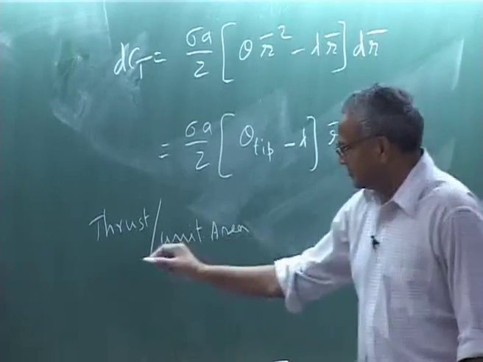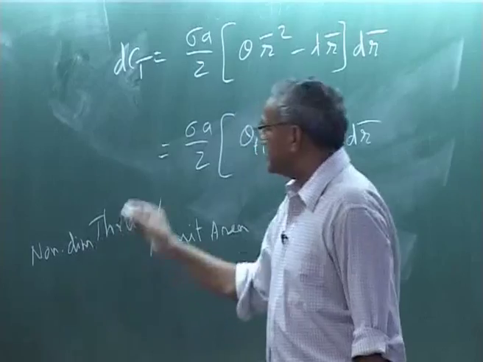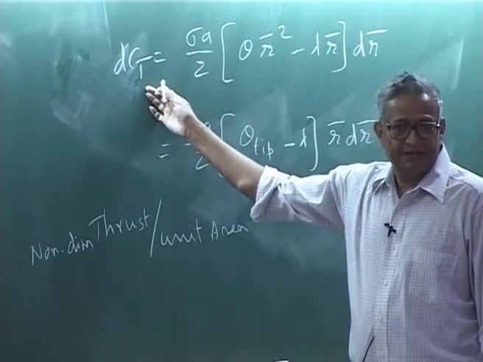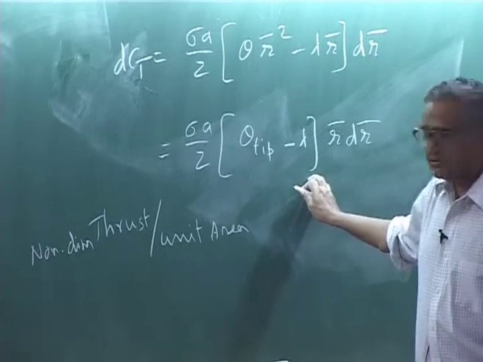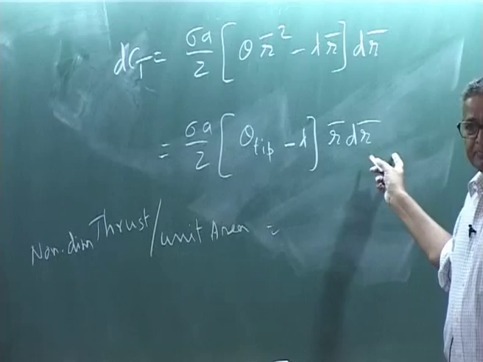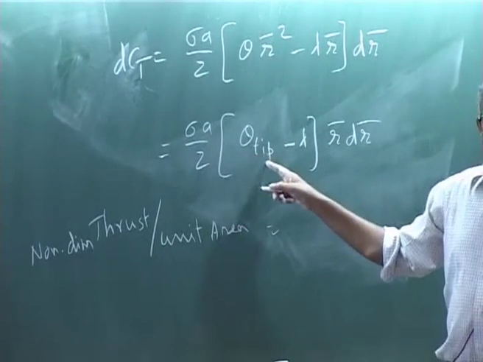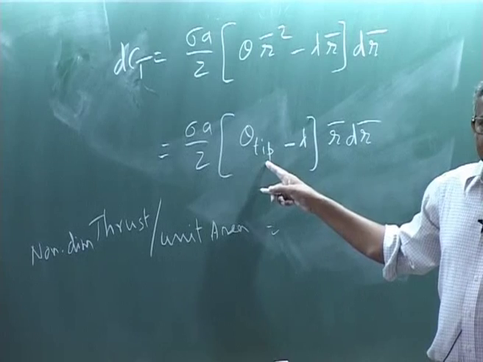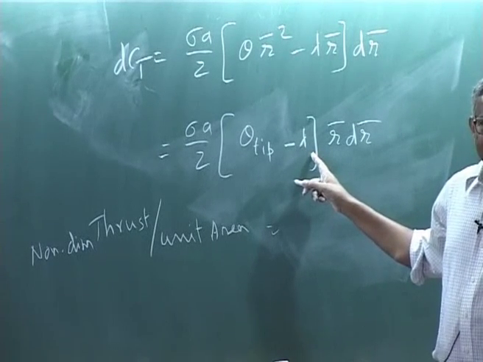Area is non-dimensional, please note I am using non-dim. Non-dimensional thrust, this is the thrust. If I divide by 2 pi r bar dr bar, that means what? R bar dr bar will go off, and this is theta tip, and my lambda is uniform inflow, right.